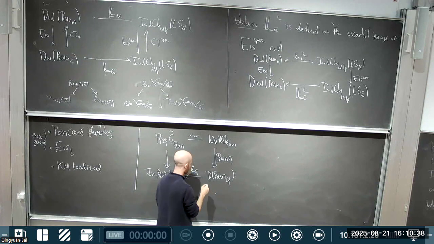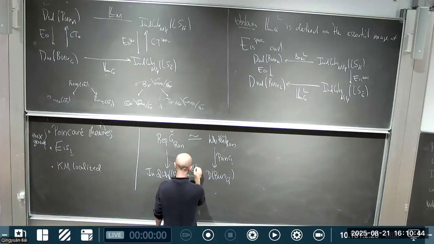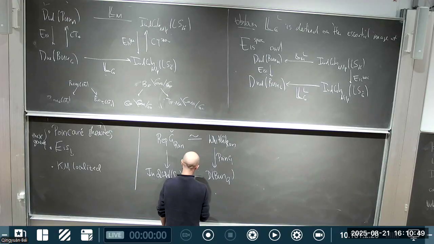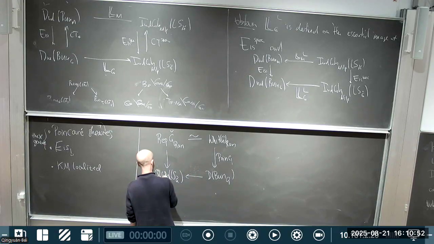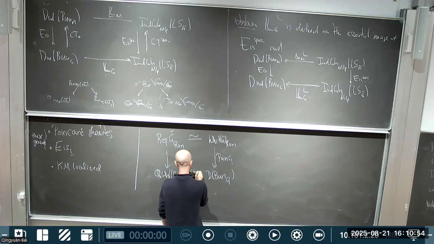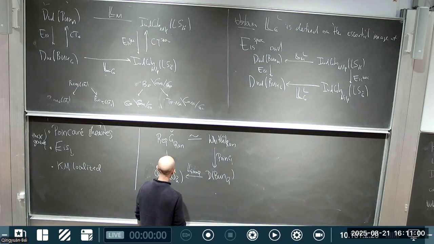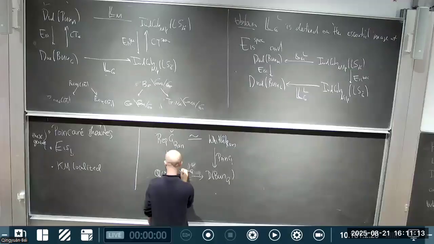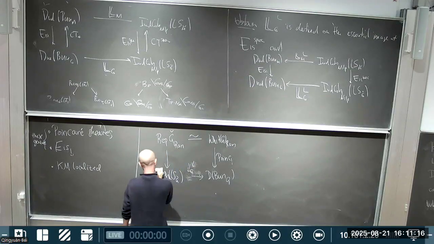If you want Poincare, it's L_G. No, it's the left adjoint. A priori it's in the opposite direction, the reverse functor. The arrows point right. Let me do L_G. L_G is fine.